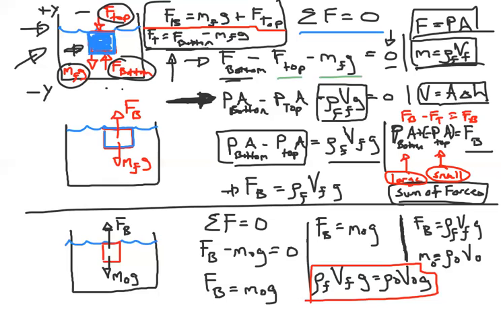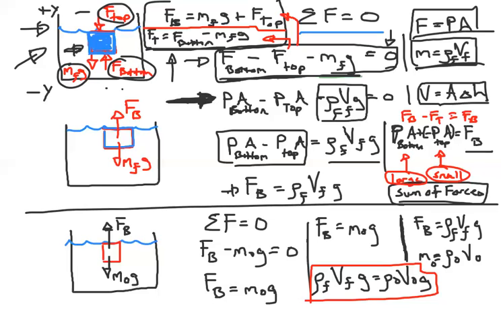I couldn't find a place for it, but essentially, if we solve this equation right here for the force on the bottom, we see that the force on the bottom is equal to the weight of the fluid plus the force on the top. Or if we solve this equation for the force on the top, we see that it's equal to the force from the bottom minus the weight of the fluid.